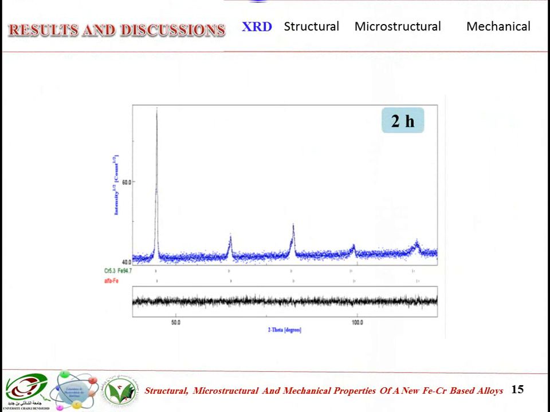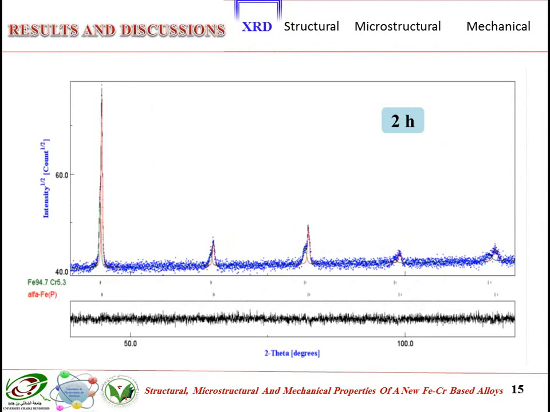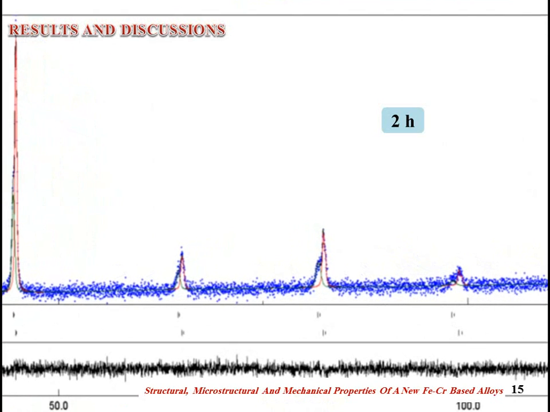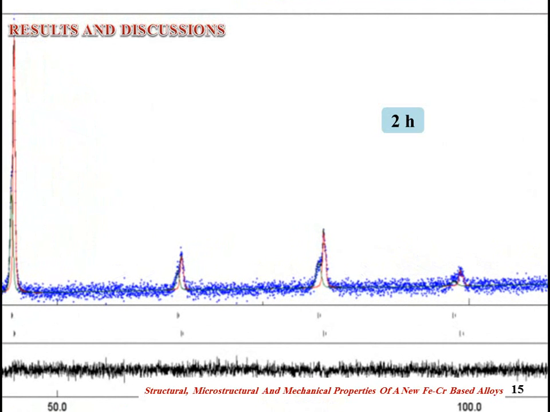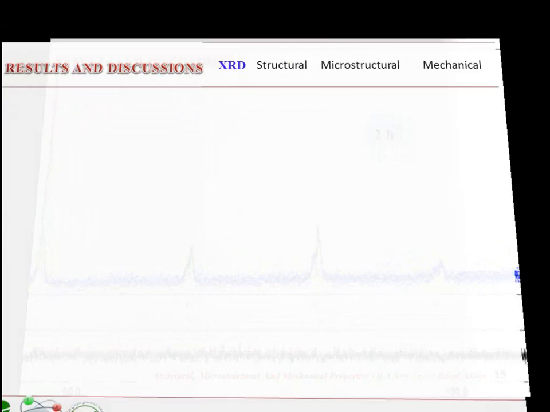After 2 hours of milling, the best adjustment is obtained with the same previous phases, but we notice a change in the intensity of the subspectrum peaks.